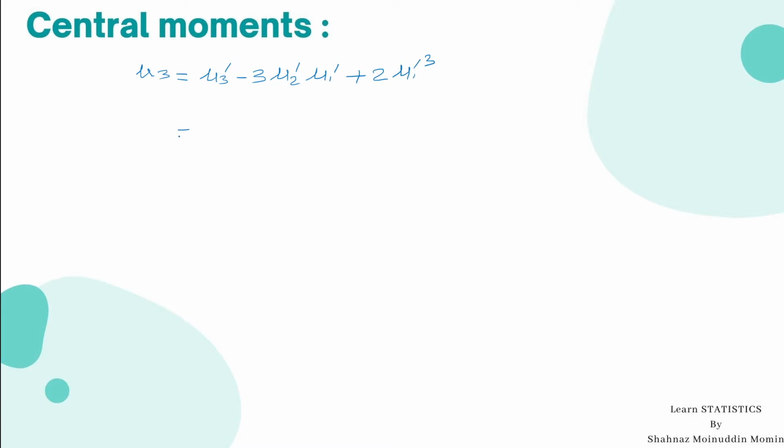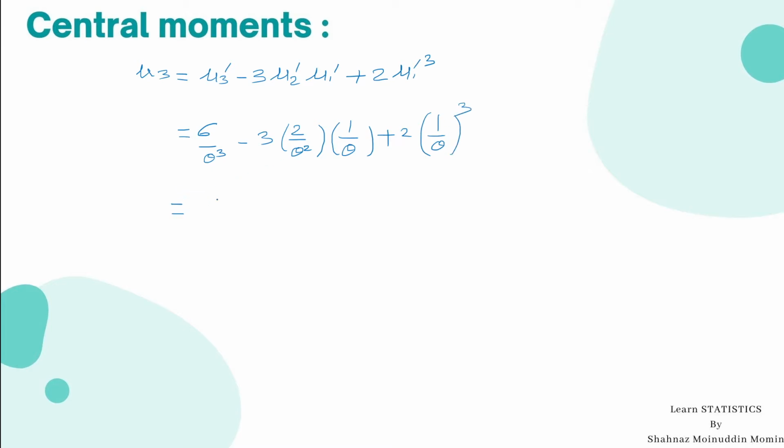Substitute the values of the raw moments, we get mu 3 dash is 6 by theta cube, minus 3 into mu 2 dash, which is 2 by theta square, mu 1 dash is 1 by theta, plus 2 into mu 1 dash cube, means 1 upon theta raised to 3.